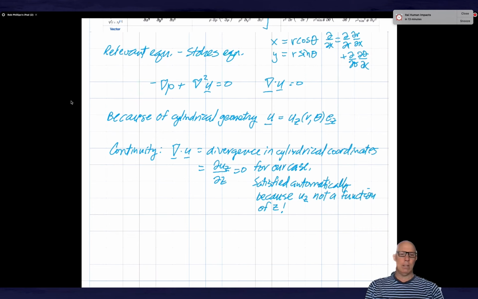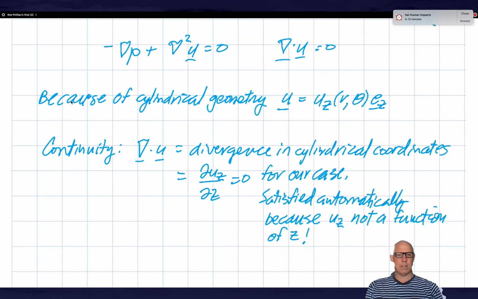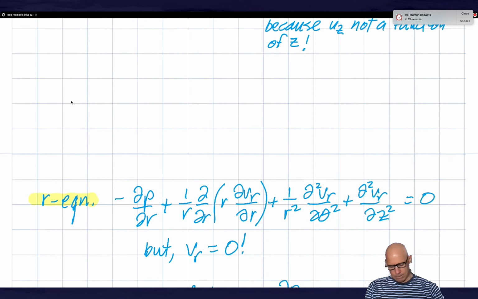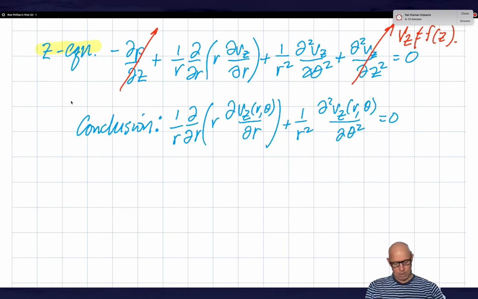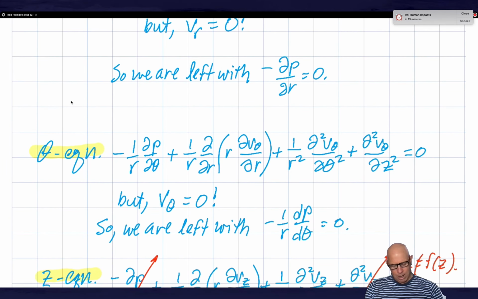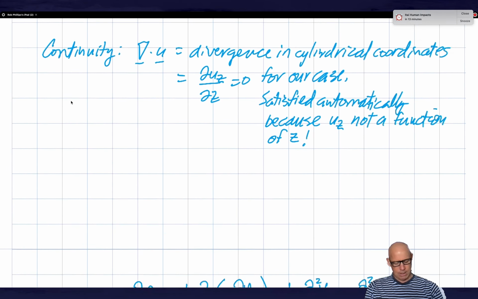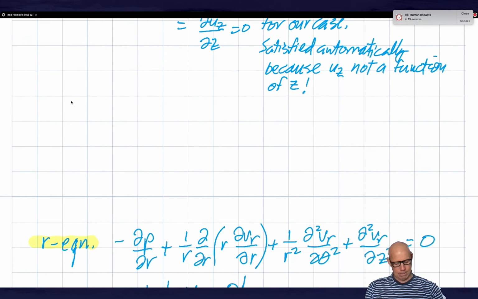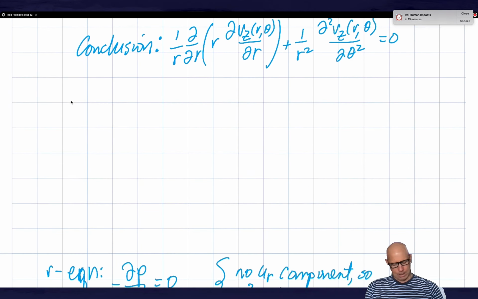I showed you that the equation of continuity is satisfied automatically. I made an assumption about the solution, which was that it's very symmetric, as I show you there. And then we did separation of variables. I skipped a few little steps here and there. I didn't really talk about the pressure being a constant, and I'm not going to talk about that right now.